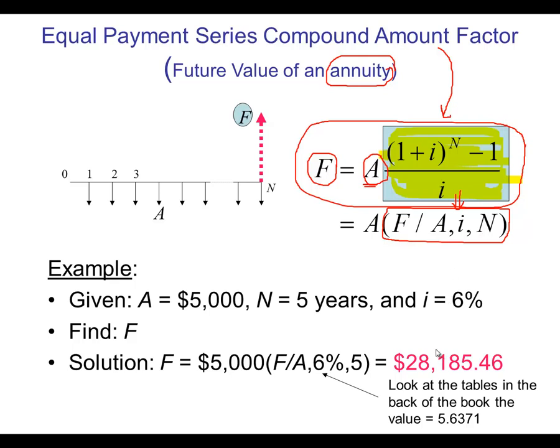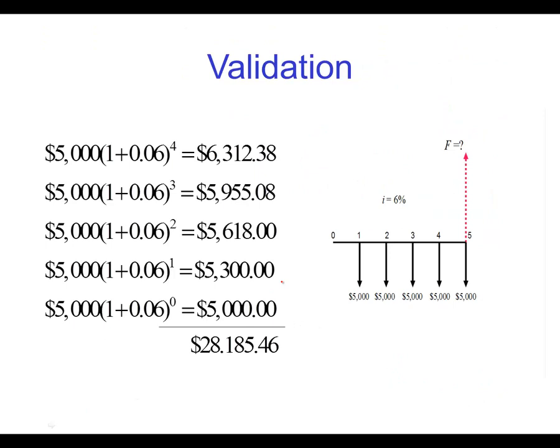Now let's solve. If we substitute i with 6%, n with 5, and A with 5,000, then we can calculate this amount, and that will be a total of $28,185.46.